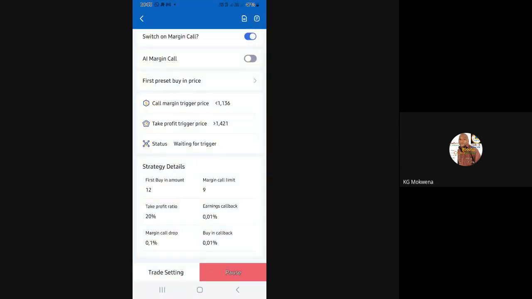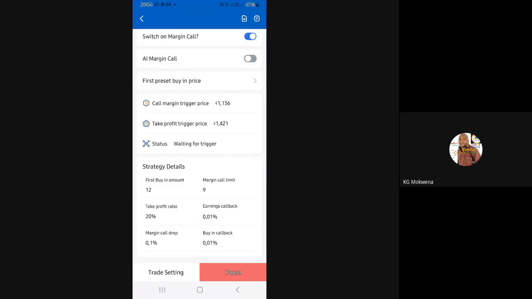At the moment, what I spoke of earlier is that a margin call drop is still showing 0.1%. It means after that dip, when the market drops by that 0.1%, which is the minimum we can place at the moment, you can't go less than that. If you're to go less than 0.1, it means you will be putting 0.01 perhaps, but the robot does not allow that. The minimum margin call drop they want is 0.1%.